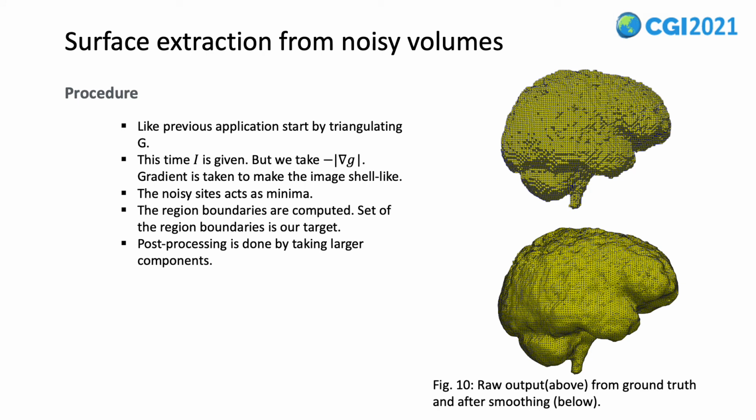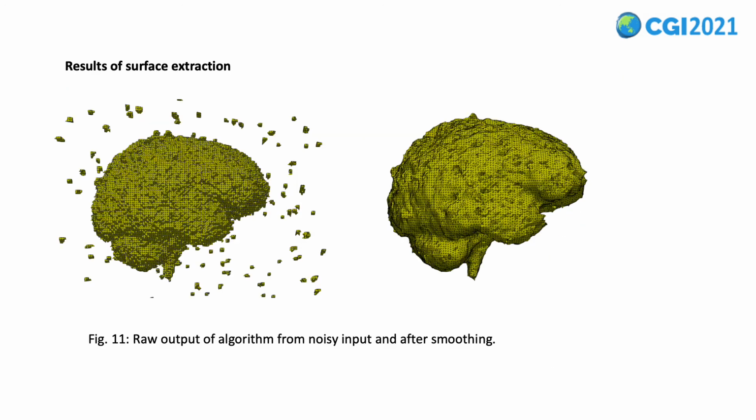Like the previous example, we start by triangulating G, and this time the I is the negative of the gradient of G. The noisy sites will act as minima, and we need post-processing to remove larger components. The figure on the left shows the raw output, and the figure on the right gives you the output after smoothing.